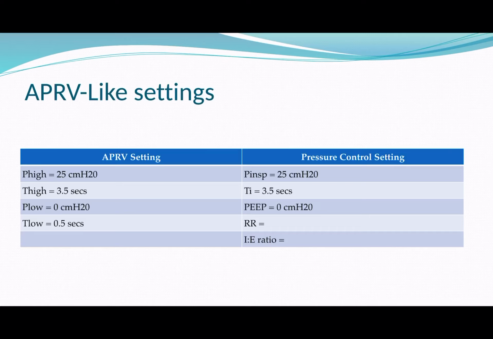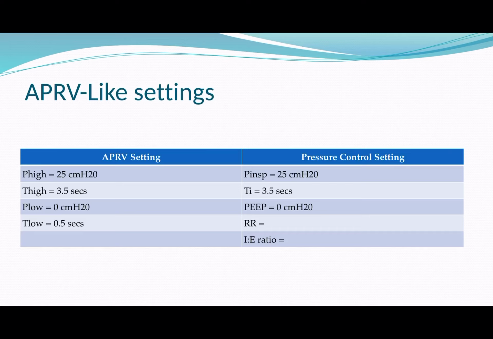Well, we said that the P high would be the PINSP, or the peak inspiratory pressure, which would be left at 25. The T high is the same as your inspired time, or TI, and that would be 3.5 seconds. Your P low is the same as your end expiratory pressure, so your PEEP, which if it was 0, you'd set it at 0.